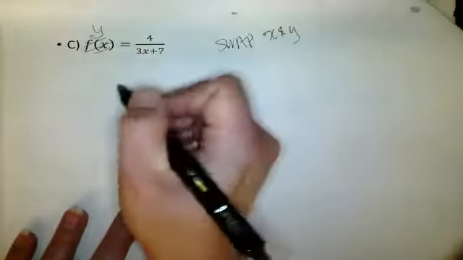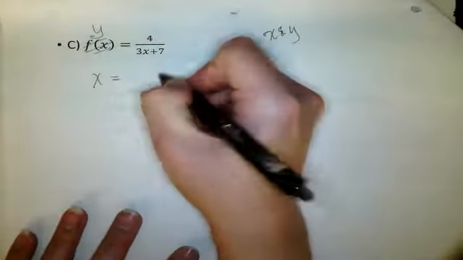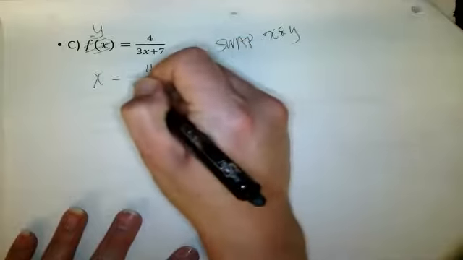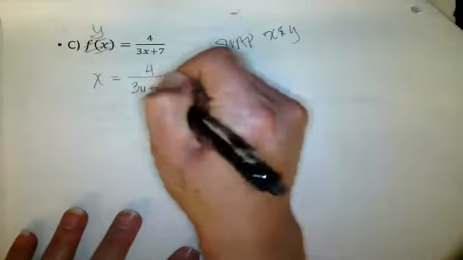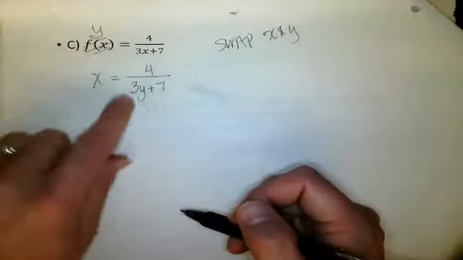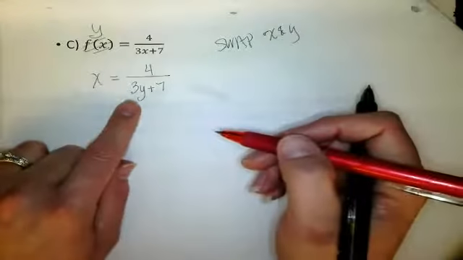So what should I write? x equals 4 all divided by (3y plus 7). This is a big problem because all of this stuff is in the denominator. I really hate that. So I want to move it out.